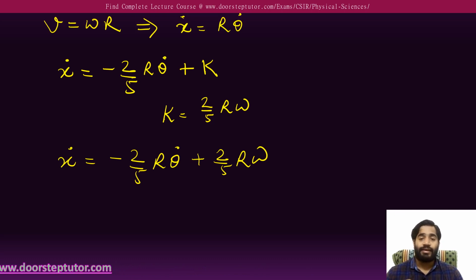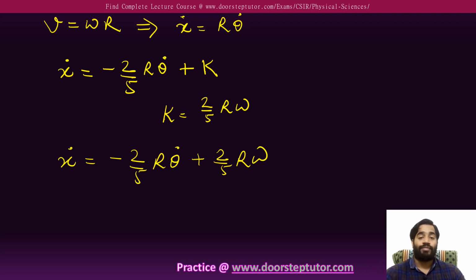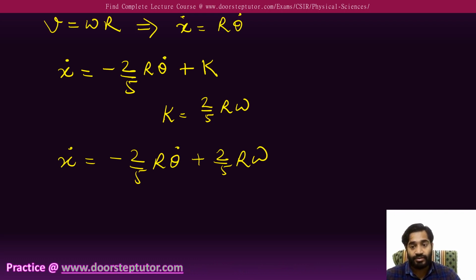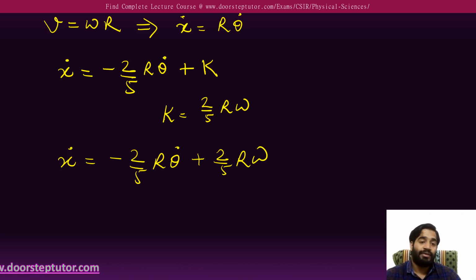Similarly here, the sphere has a certain angular velocity, omega, and due to it a certain translational velocity, which is 2 by 5 r omega, because it is a sphere.